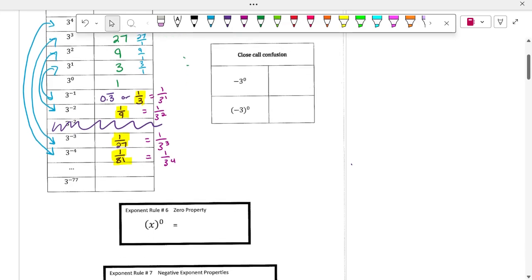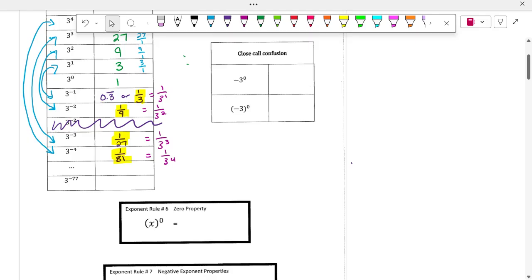So what do you think 3 to the negative 77 is? 1/3 to the 77. So in other words, all you do is put it in the denominator, make it positive. That's how you handle negative exponents. Flip the side of the fraction bar that it's on, make it positive.